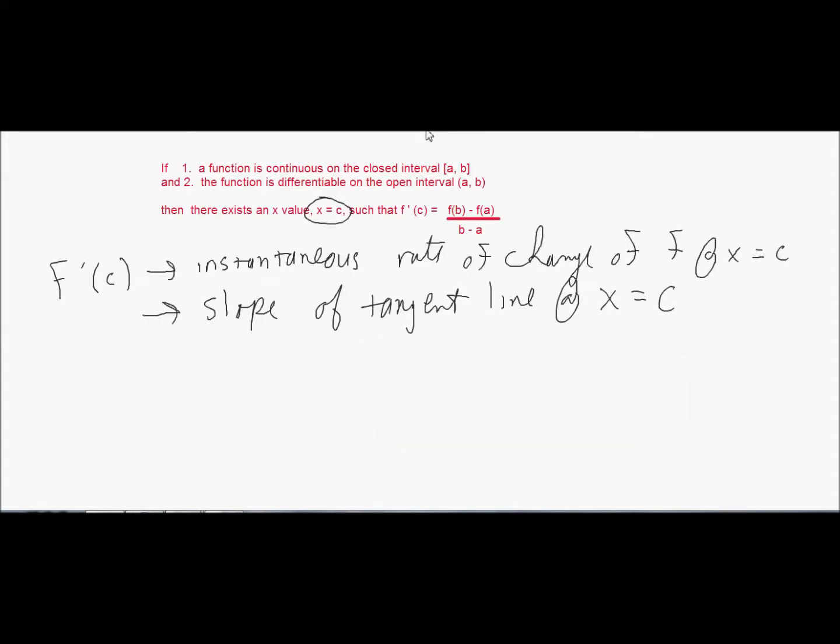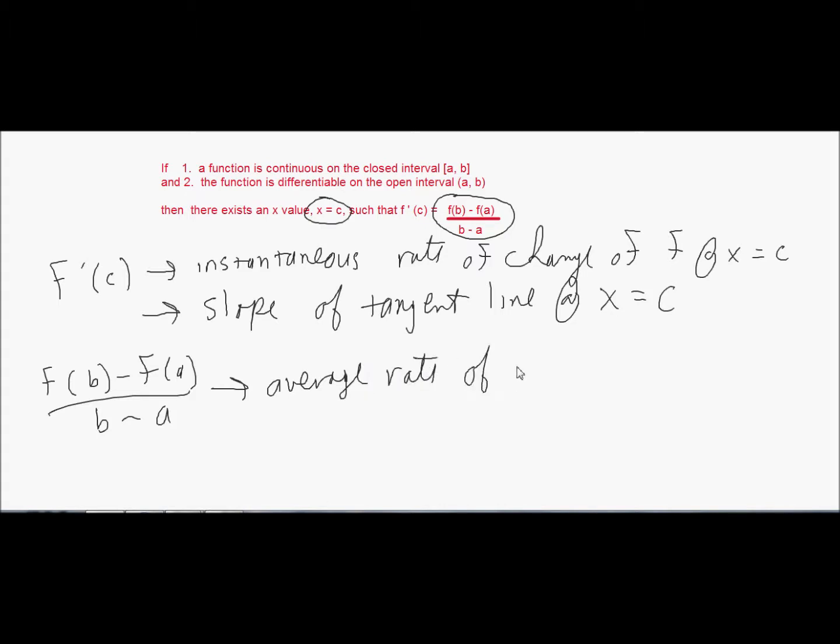Okay? We can think of this fraction over here, f of b minus f of a over b minus a. It gets a special name. Well, that is the average rate of change, and you're going to want to memorize that.